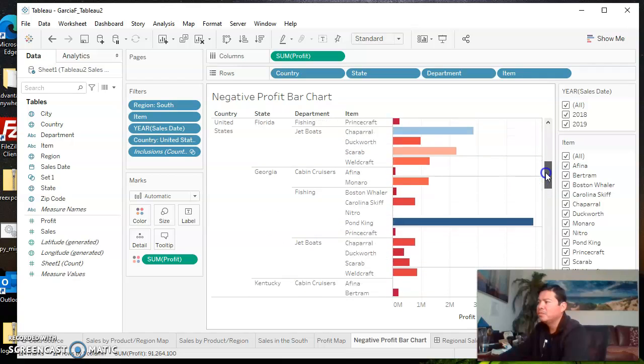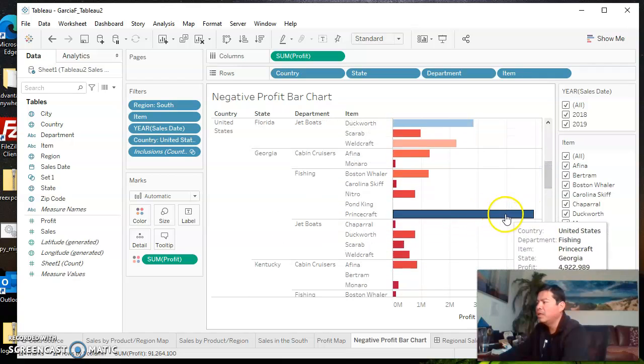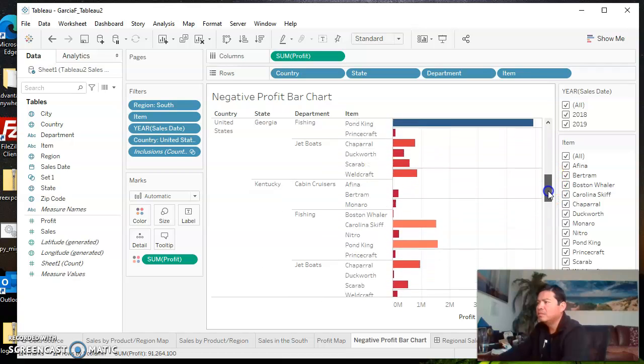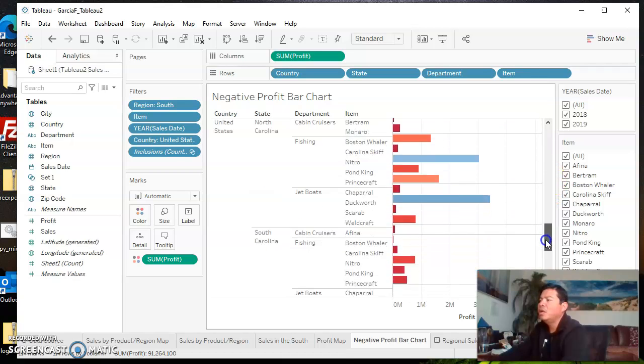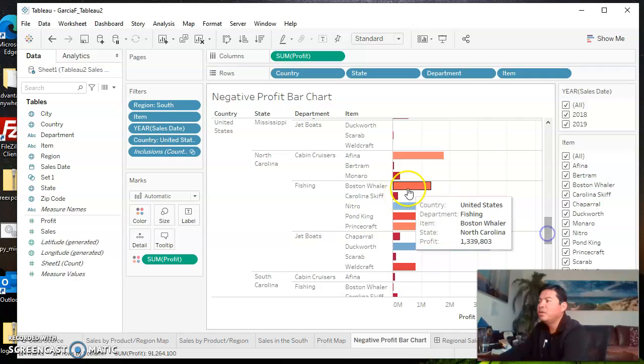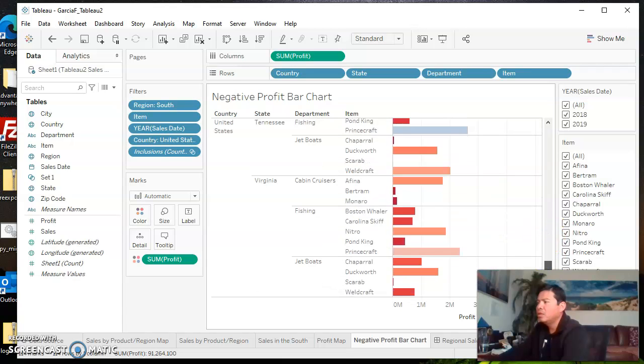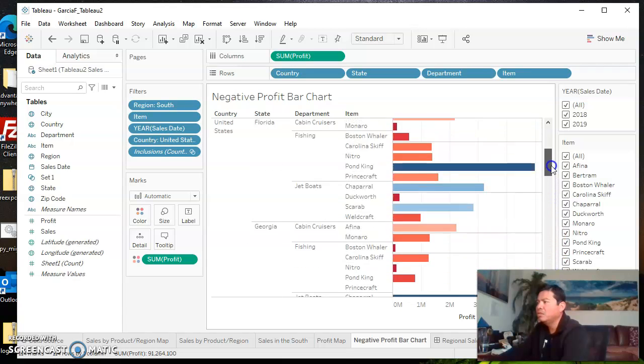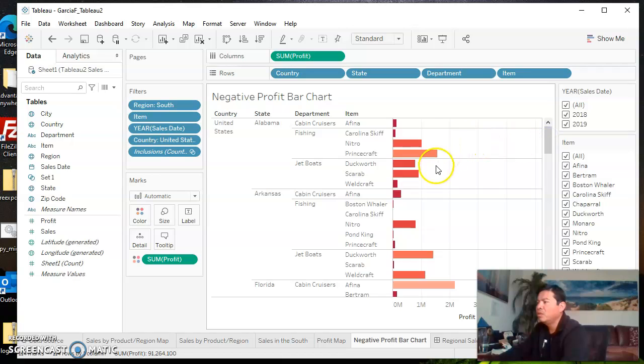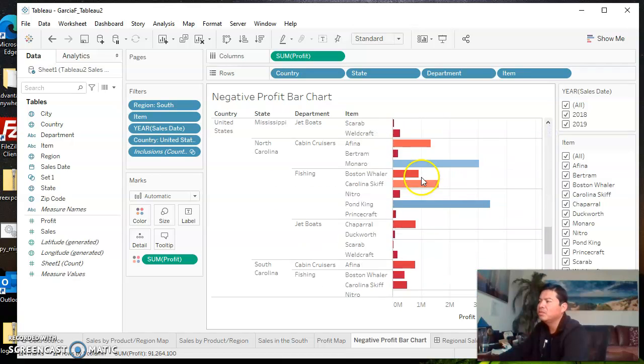Also in Georgia, you can see the blue bar where there is a high selling amount, and also North Carolina has blue, meaning a lot of sales or higher sales. On the other states, those are inland states, and we can see that we have lower sales.